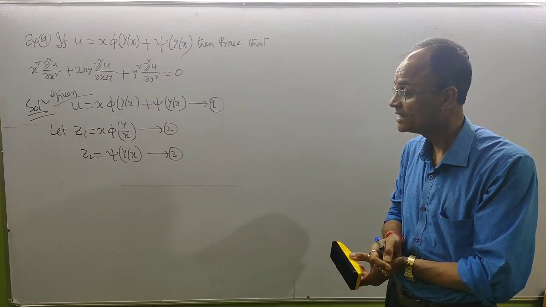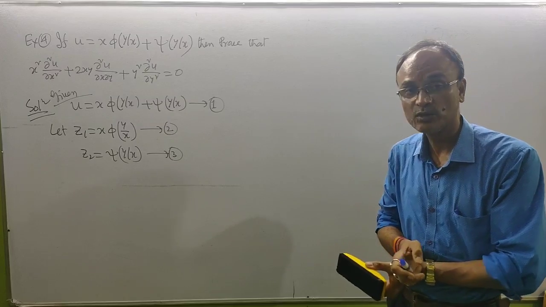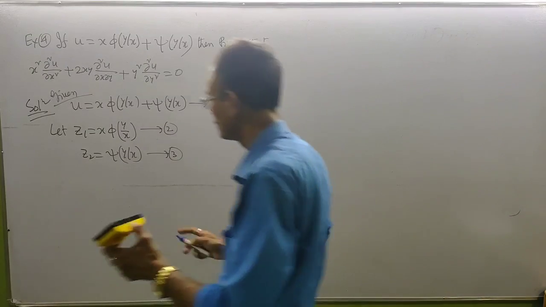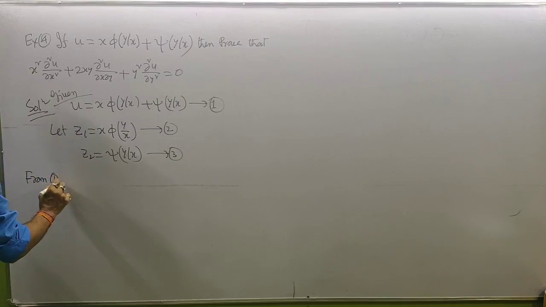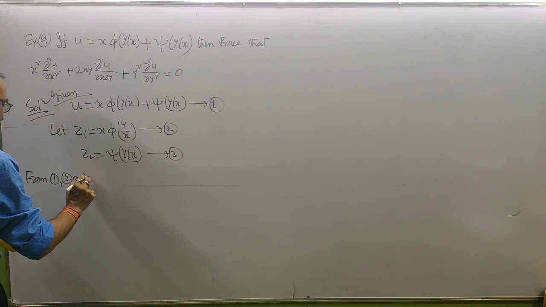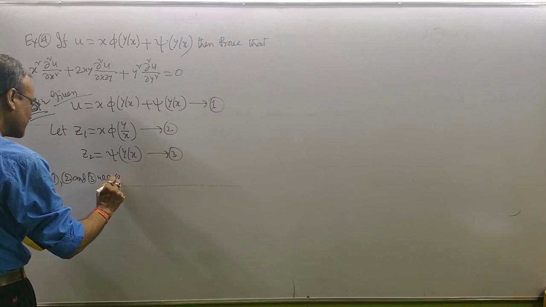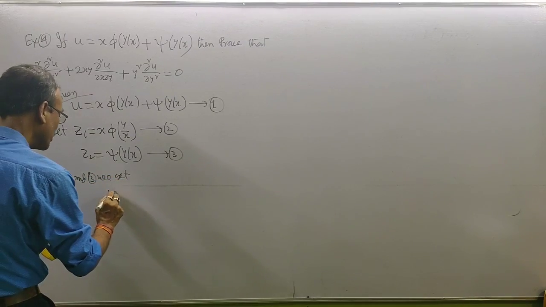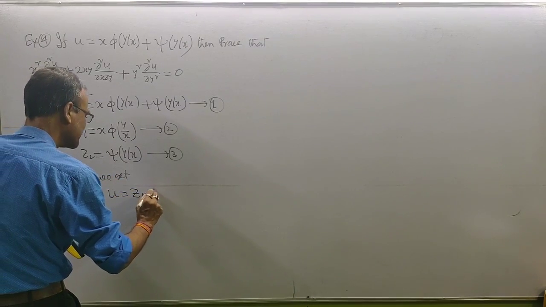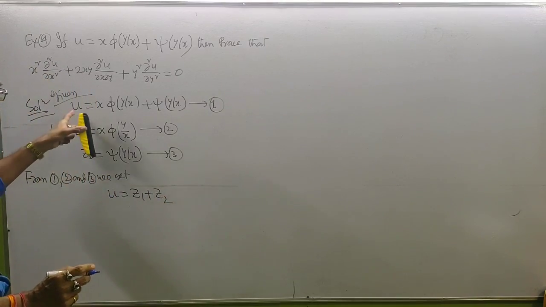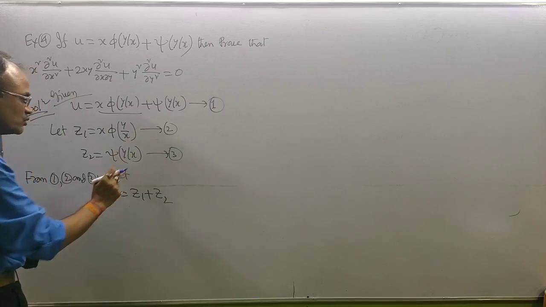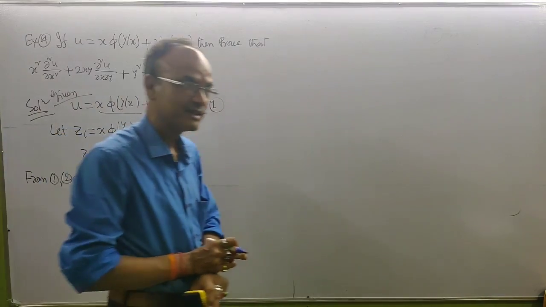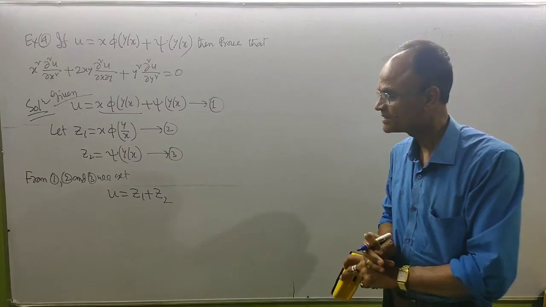From 1, 2 and 3 we get u equals z1 plus z2.